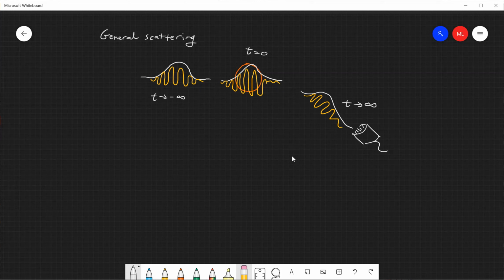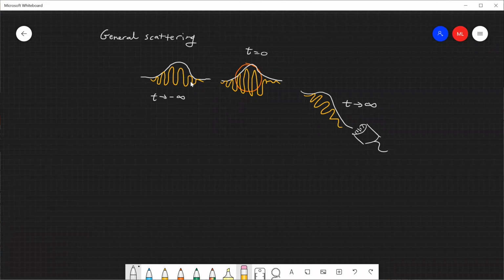But let's think about it more formally. What we do is the time-independent version of scattering, where we set up the right boundary conditions for a problem so that we can interpret the solutions as describing the scattering process. So what are the boundary conditions?